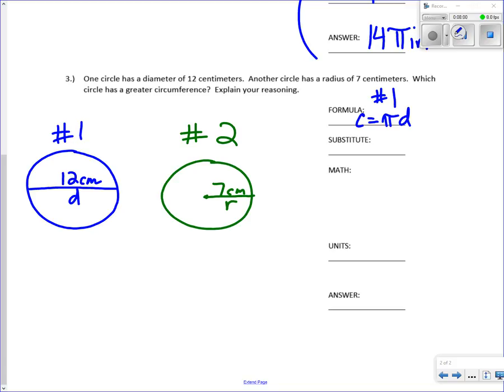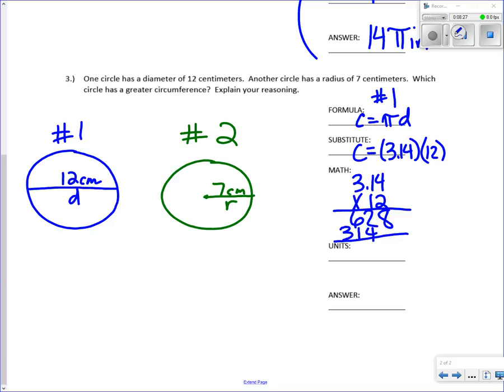Now we're going to substitute in. It did not say to leave it in terms of pi, so we're actually going to substitute in 3.14 for pi, and my diameter is 12. Now I'm going to do my math. I'm running out of room.